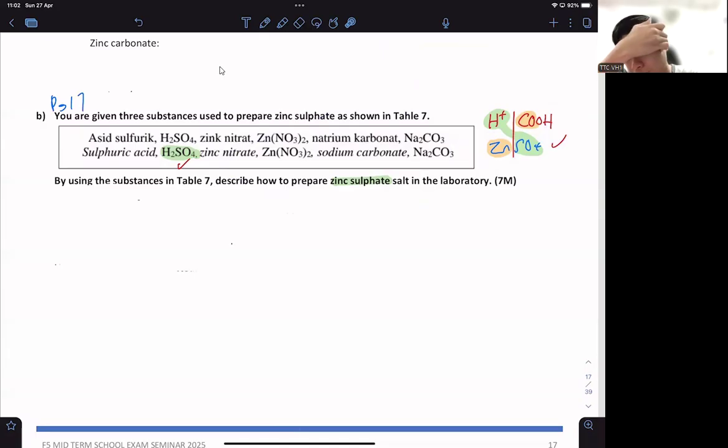So if I don't have any of this, what I could do is prepare it myself. Should I prepare zinc, zinc carbonate, zinc oxide, or zinc hydroxide? Then notice they give you two more.